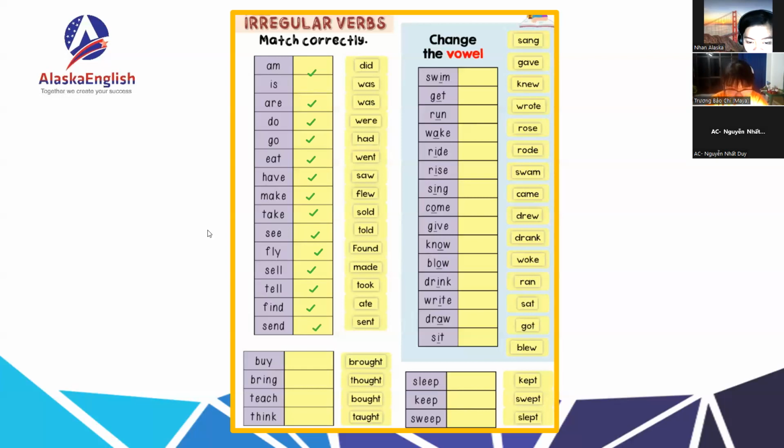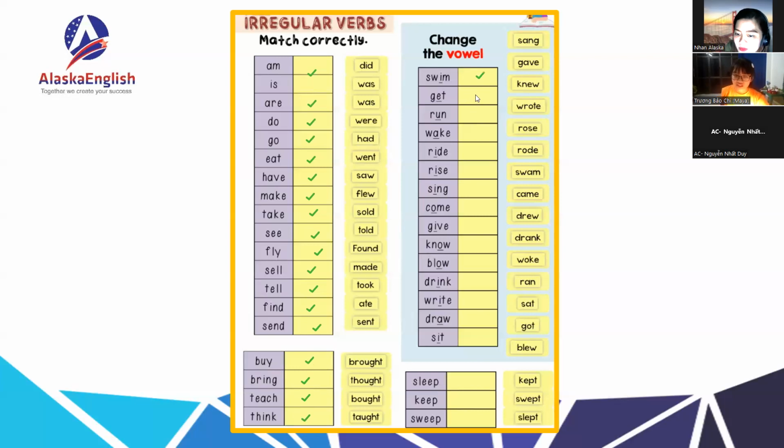How about this one? Buy, bought. Bring, brought. Teach, taught. Think, thought. Swim, swam. Change the vowel.